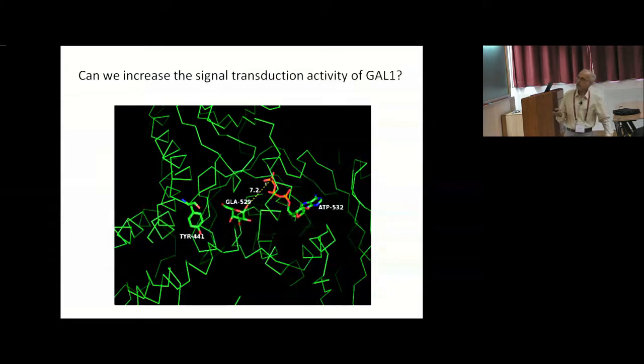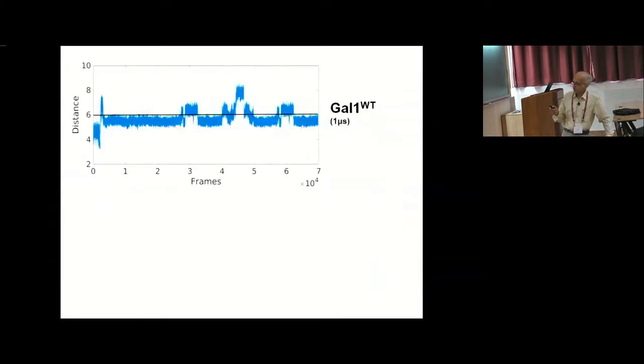So the point is that we did the molecular dynamics simulation, but this doesn't give us too much confidence. So what we did was try to isolate a mutation in Gal1 that increases only signal transduction activity. If I isolate that mutant and subject it to such an analysis, I should observe that protein existing more often in this part of the figure, if that is true.